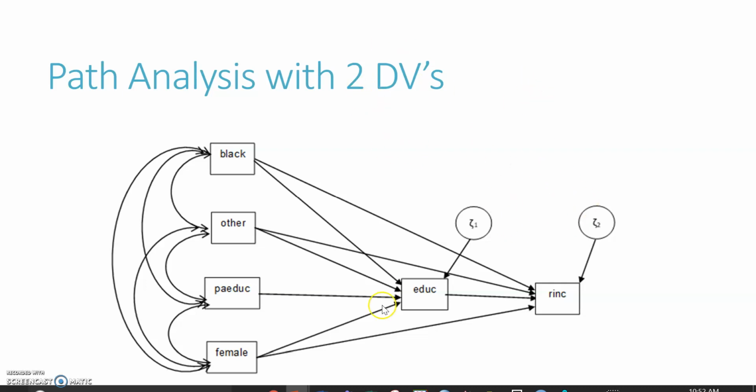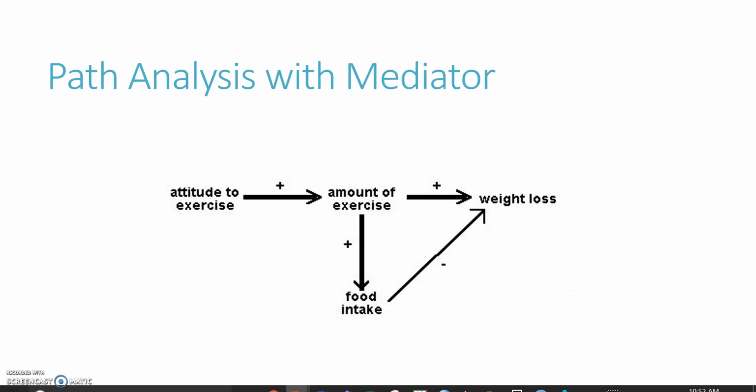So here we have these 4 predictors predicting education. We also have these 4 predictors predicting rank, whatever that is. But what's even cooler is that education right here is actually a dependent variable because it's predicted by all of these, and it's an independent variable because it is also predicting rank. Additionally, we'll get into potential mediators.